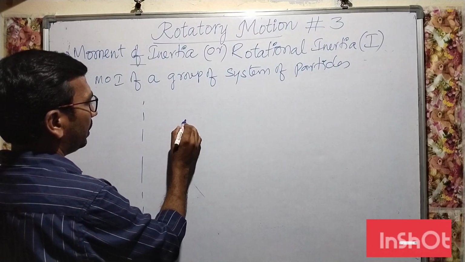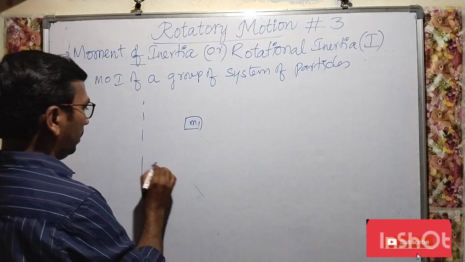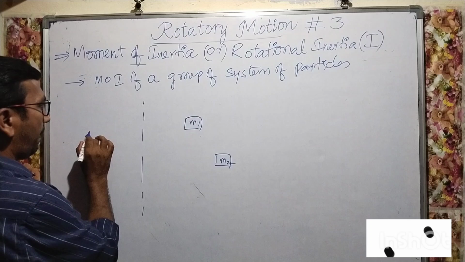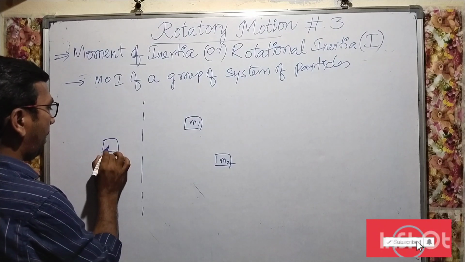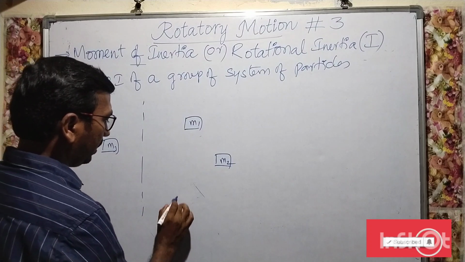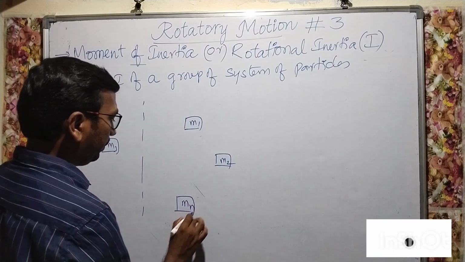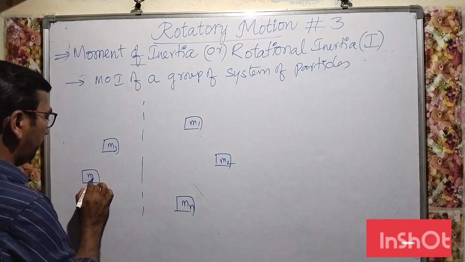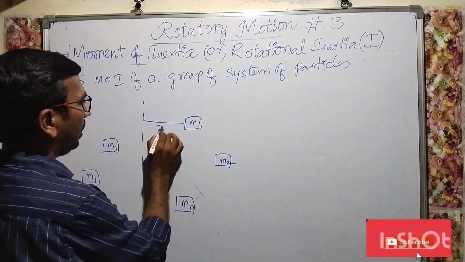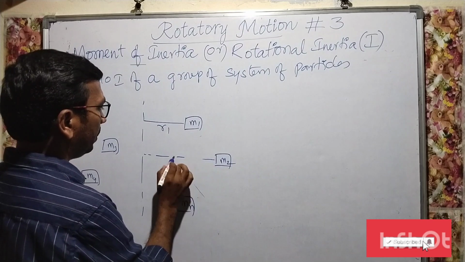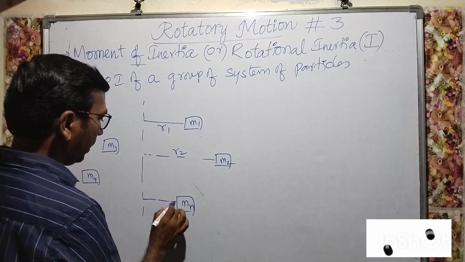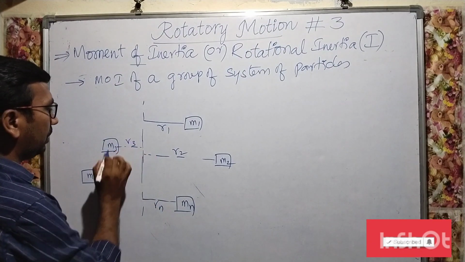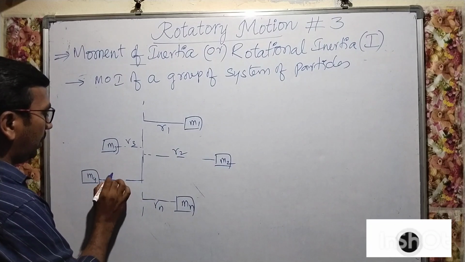Consider masses m1, m2, m3, m4 up to mn. From m1 the distance from the axis of rotation is r1, from m2 it is r2, from m3 it is r3, from m4 it is r4, and from mn it is rn.